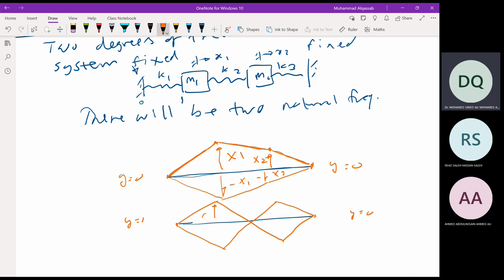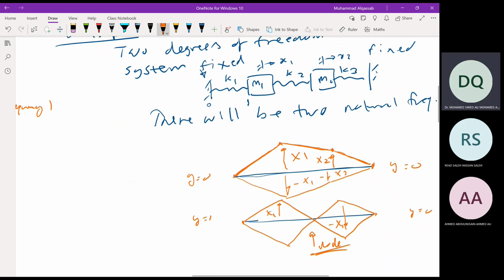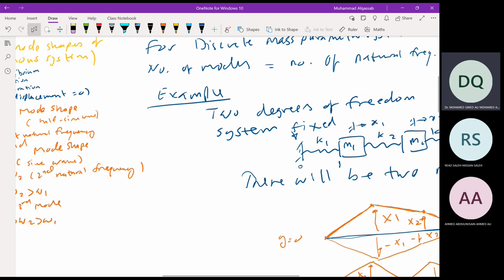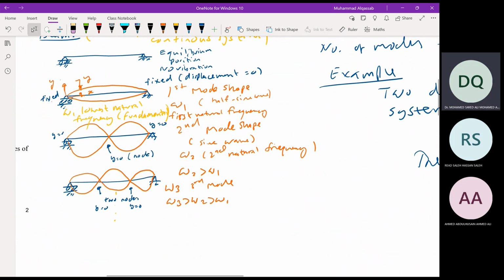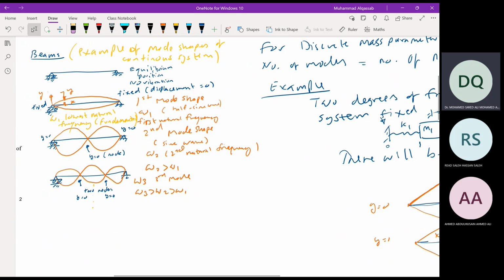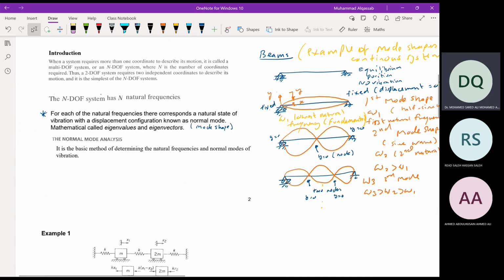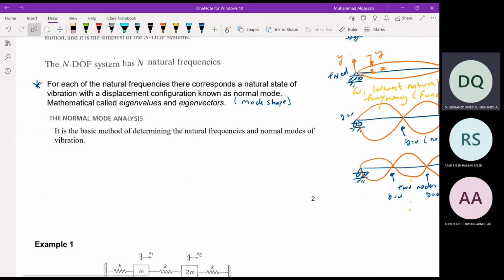Here we have x1 positive, x2 negative. There is a node. So these are details, but as I told you, maybe with the continuous system it is easier to understand the modes. The same thing applies for discrete, and we are going to do only discrete systems here in chapter 5.